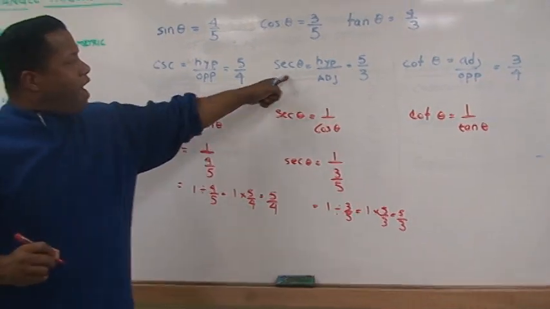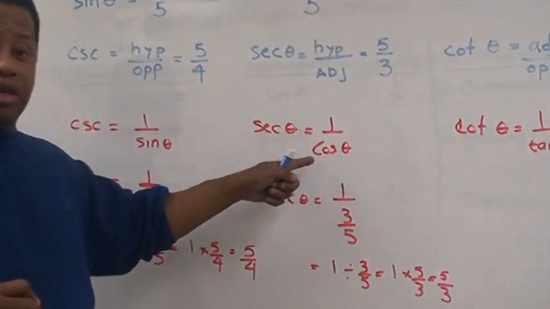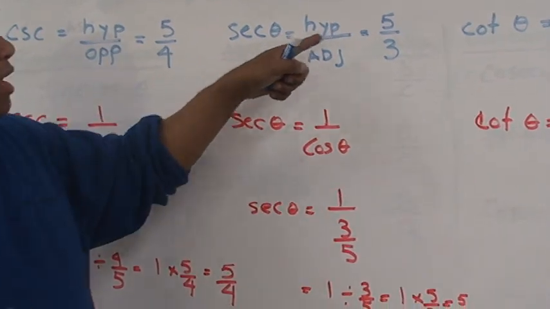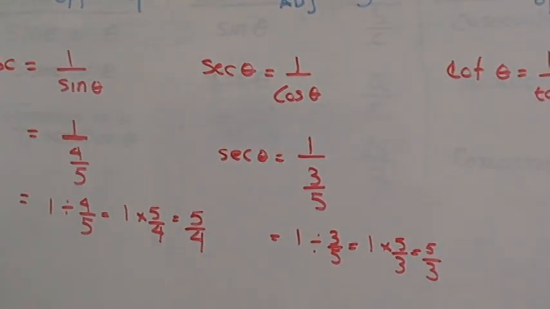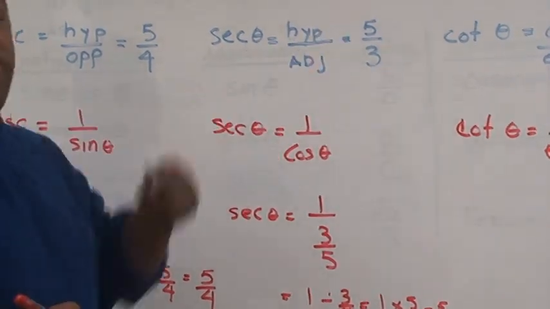So you get 5 over 3, the same value as the written out reciprocal representation of the identity.